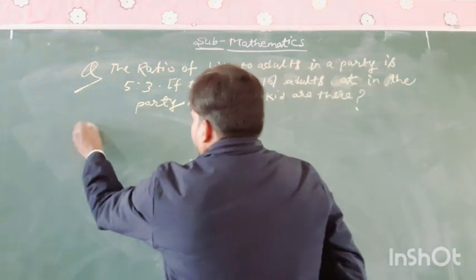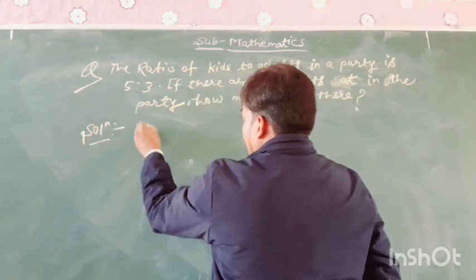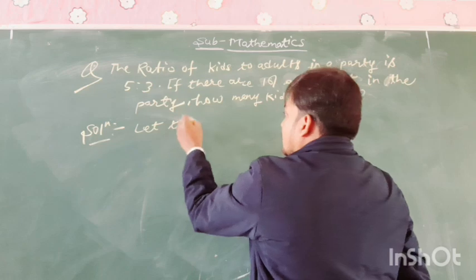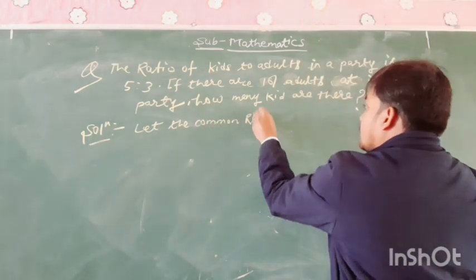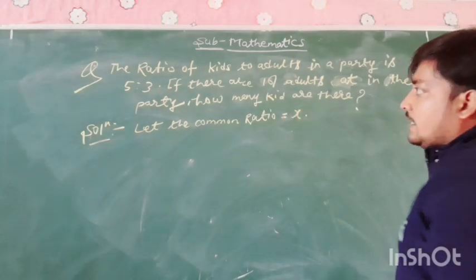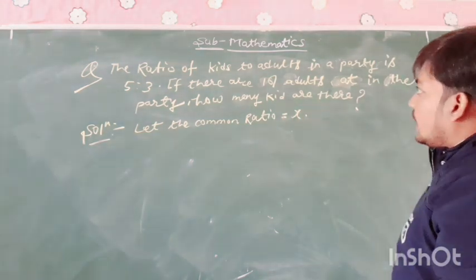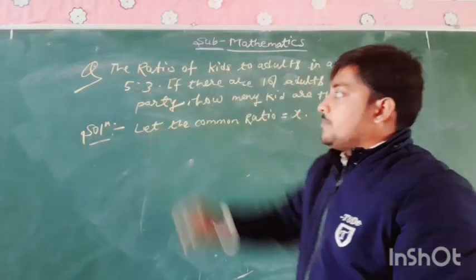In the solution of the problem, first we let the common ratio be x, and the given ratio of kids to adults is 5:3.